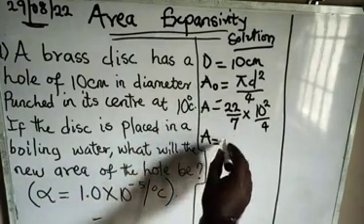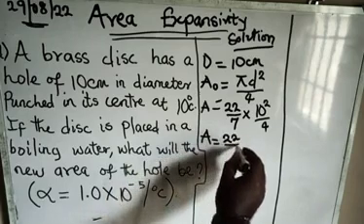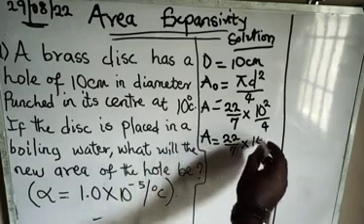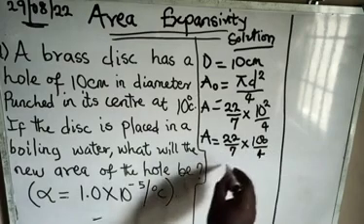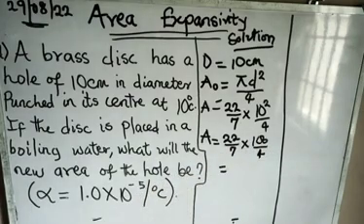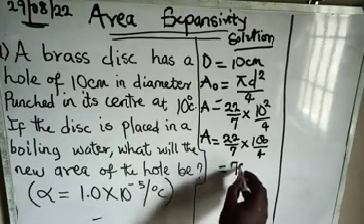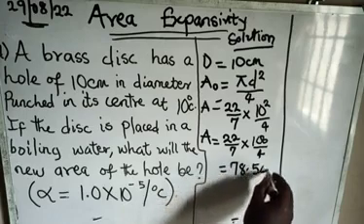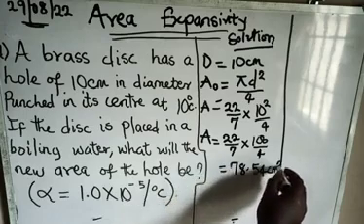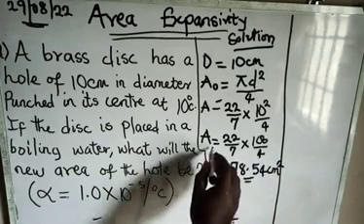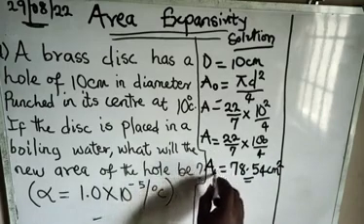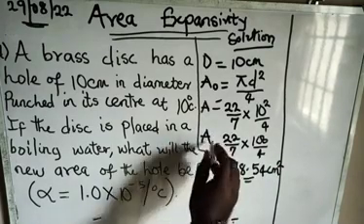And that will give us 22 over 7 times 100 over 4. Now when you multiply this, you'll be getting 78.54 cm square. That's our original area A0.